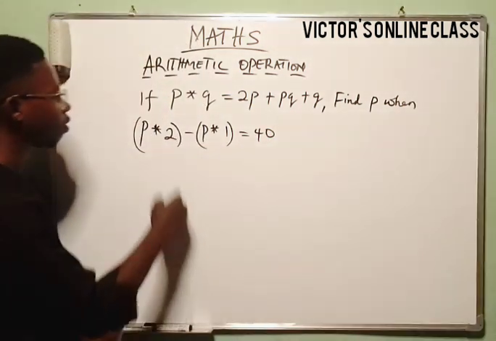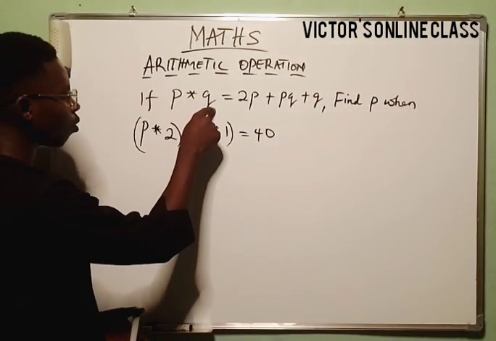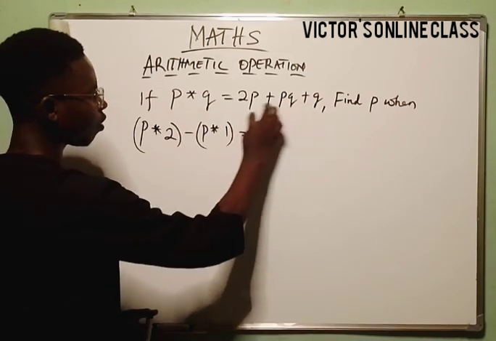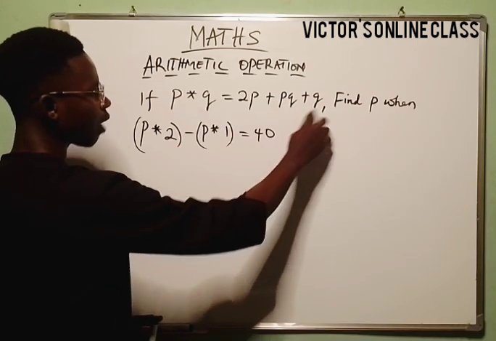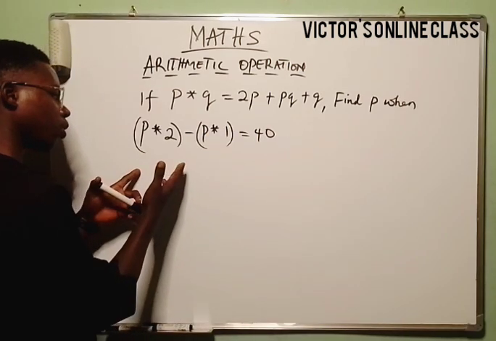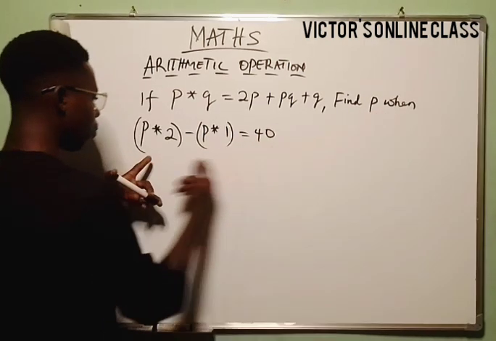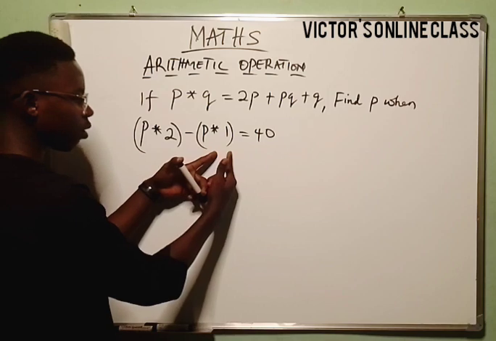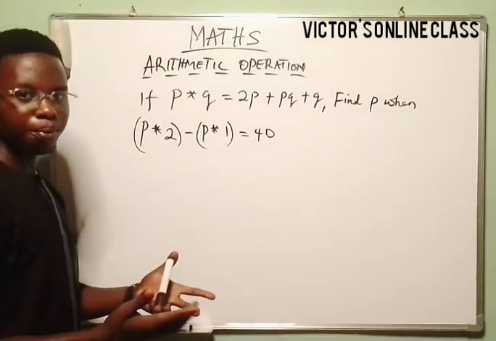Now, look at this. You have P asterisk Q, and it is giving us this value. We are asked to find P. From the equation, find P when this is subtracted from this. It is very simple.